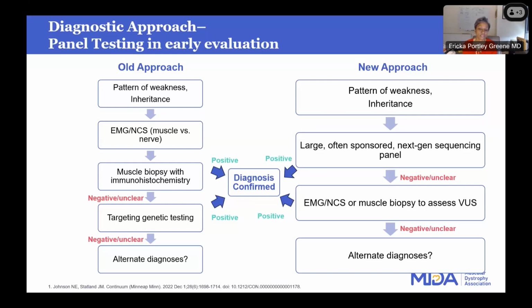And what we found is that by going straight to genetic testing, one gene can present with multiple phenotypes, and one phenotype can have multiple genes. I think with the availability of genetic testing and what it showed us, that's why it seems to be an earlier step in today's diagnostic approach versus prior to having all of these resources.